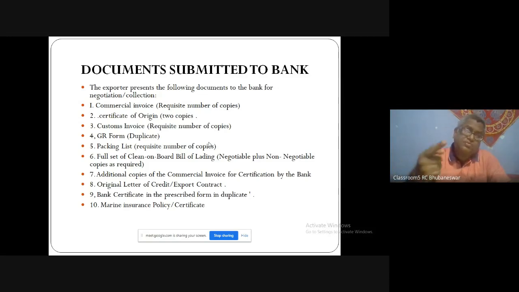I have pointed out what the commercial documents are. In my first slide, it shows what the commercial documents are. Certificate of origin is required, customs invoice is required. Similarly, GR form is required, packing list is required, additional copy certification from the bank is required, original letter of credit and clean on board bill of lading are required, bank certification is required, marine insurance policy certificates.